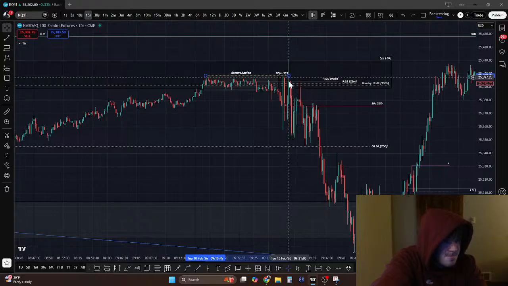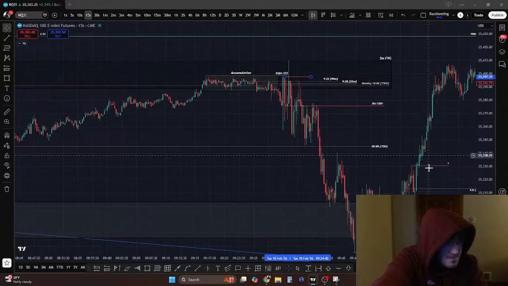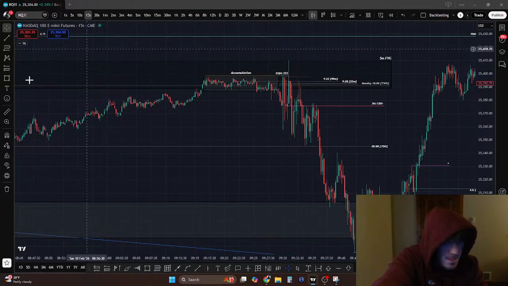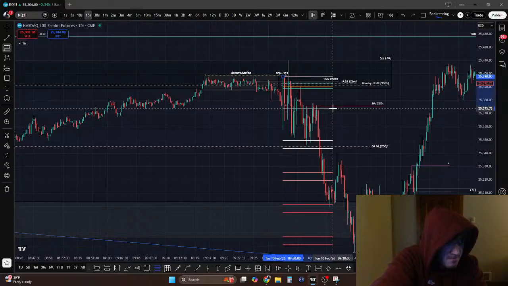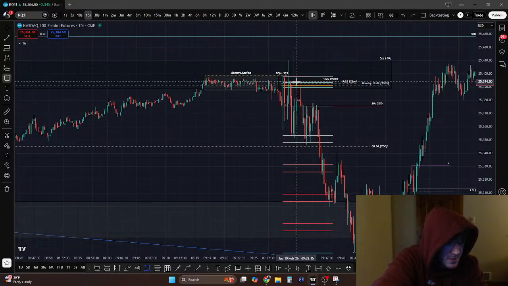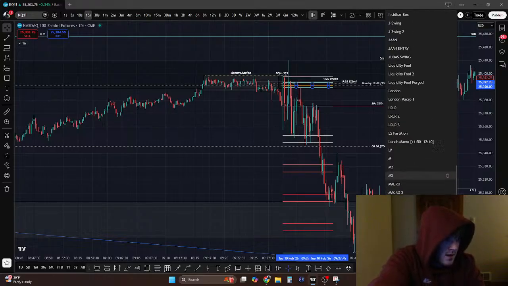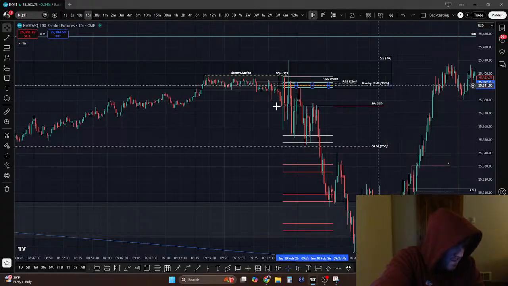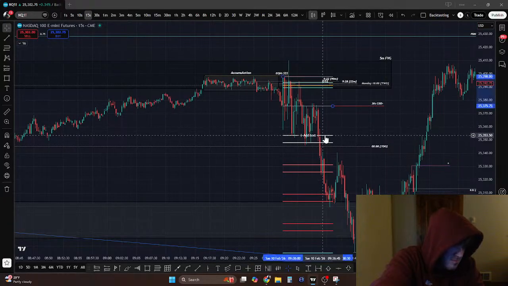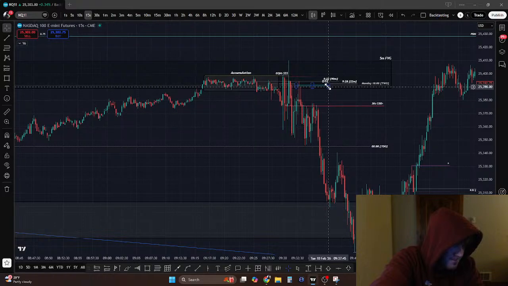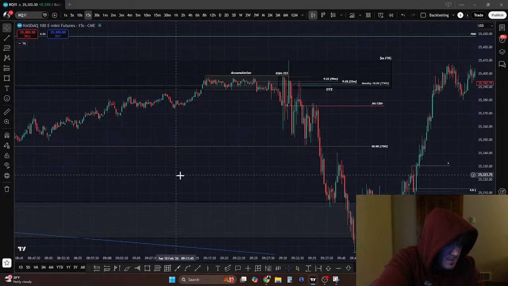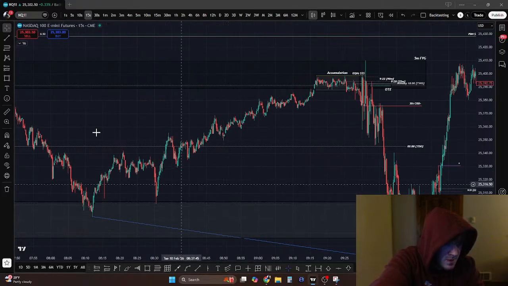Bang. Stop loss there. And then once again, let's just mark out OTE just for fun. And obviously we go to the data low. So like right here.